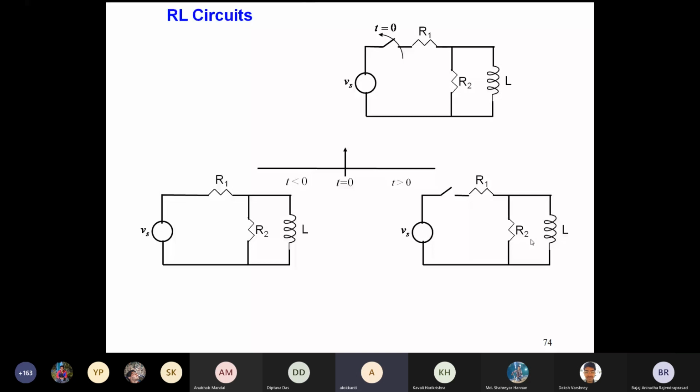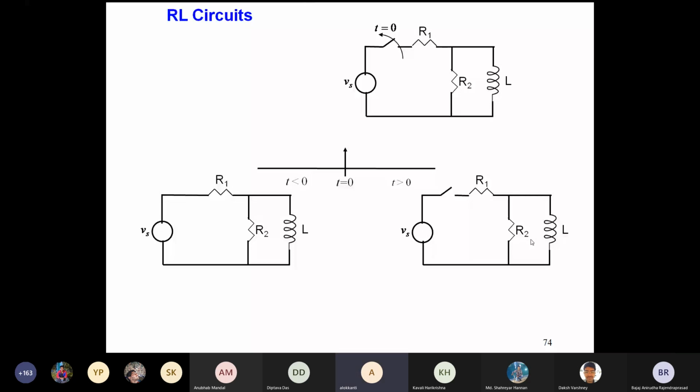Whatever we have studied so far, we could solve the circuits by KCL and KVL, and if required, star-delta transformation to simplify the circuits and combine elements to find equivalents. But now we have an L in the circuit, and as we already studied, L is an element that can store energy.